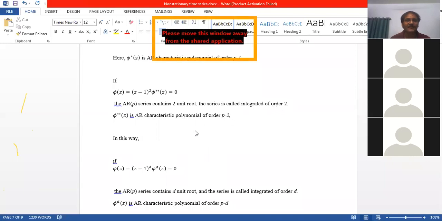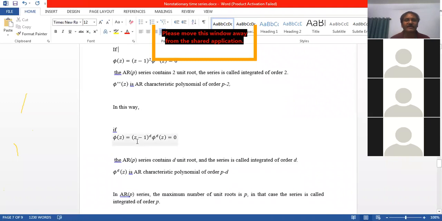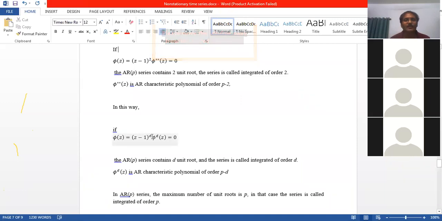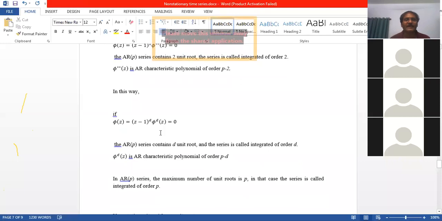Okay. In this way, suppose the characteristic equation looks like this: z minus 1 whole to the power d into phi to the power d of z, equal to 0. That is, we can take z minus 1 whole to the power d and the rest component, this part, equal to 0. In this part, the rest component will be a polynomial of order p minus d, because we have taken z to the power d outside.